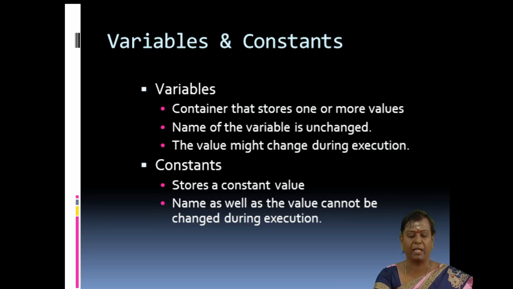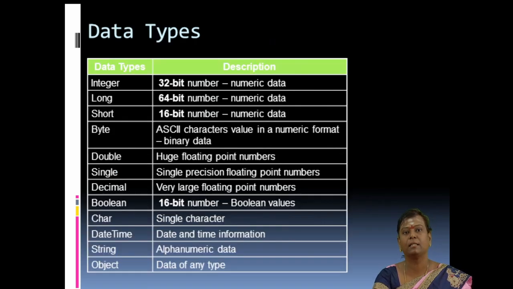This is a variable. Coming to a constant, it stores only a static value. Only a static value can be assigned, and the name of the constant as well as the value cannot be changed. These are the differences between variables and constants.